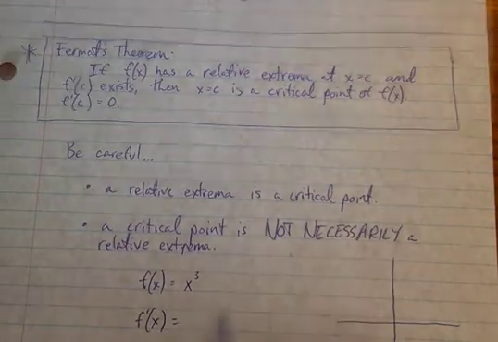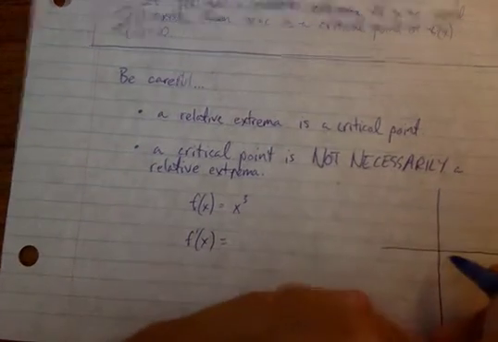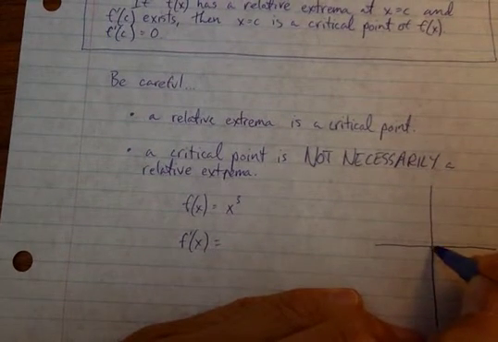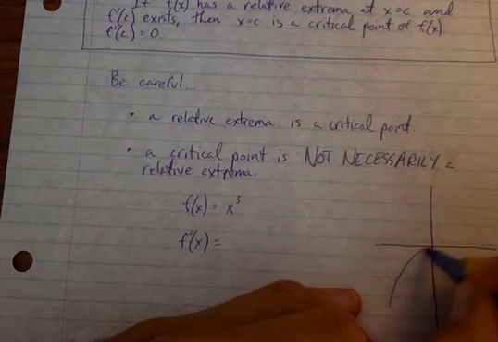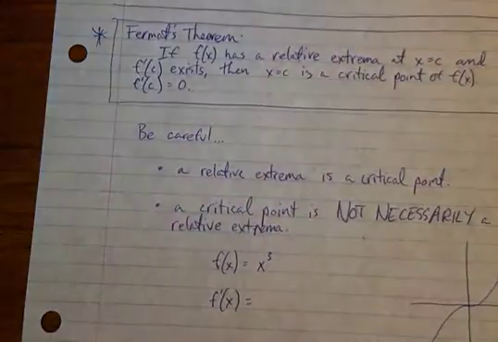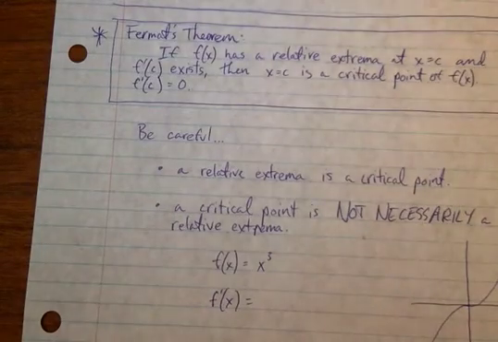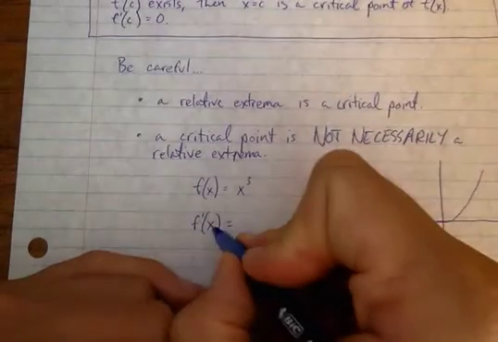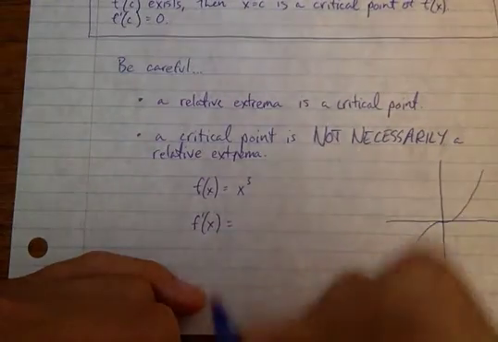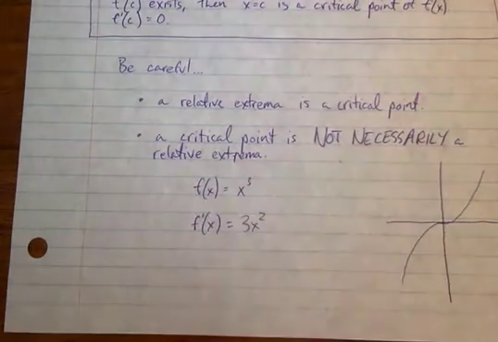Same thing here. If we have x cubed, we know that x cubed looks like this. All right? And then f prime of x is 3x squared.